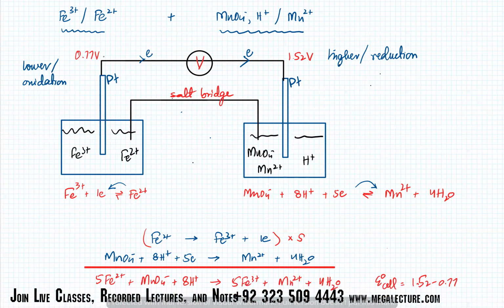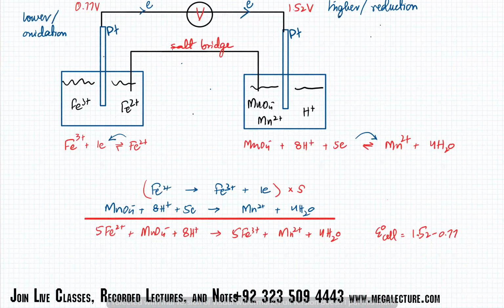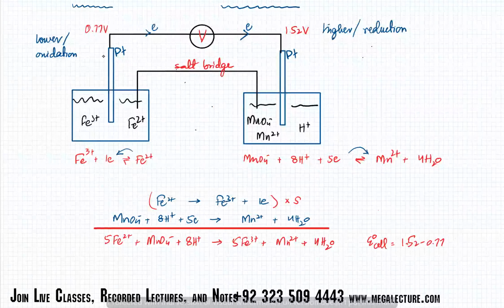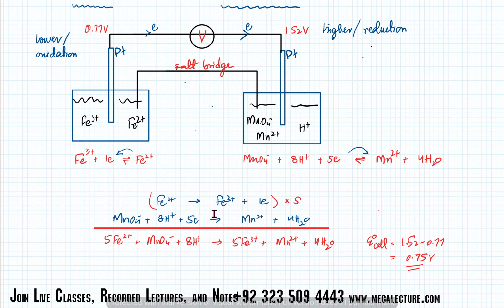What do you get? 0.75 volts. That indicates how feasible this reaction is. This reaction often appears in redox titration questions, KMnO4 with iron ions.